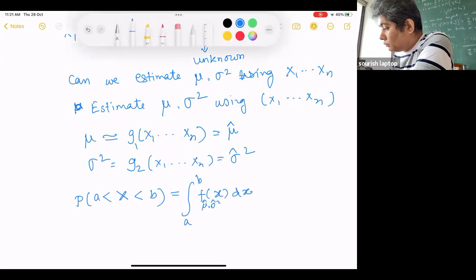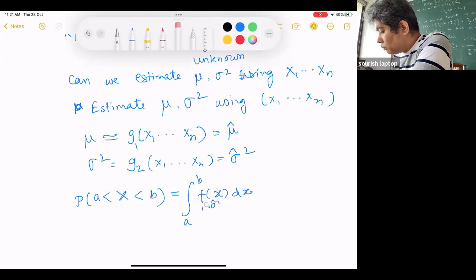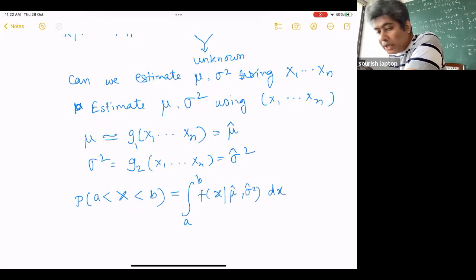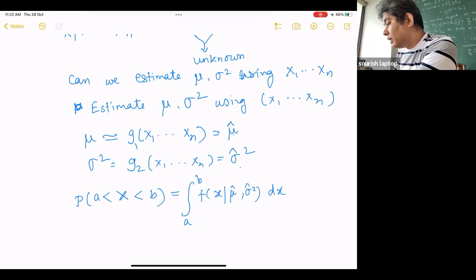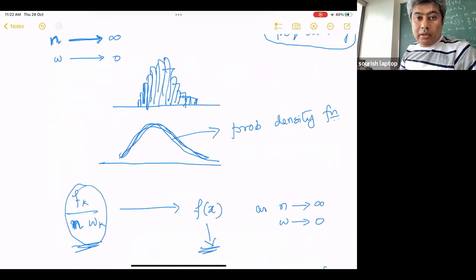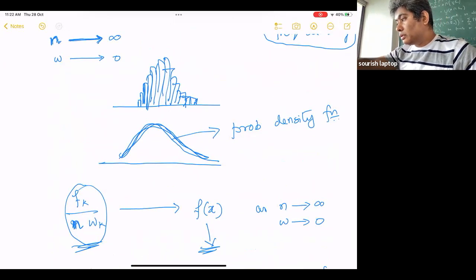A more proper way of writing this is f of x given mu hat and sigma hat square. So I will plug this mu hat and sigma hat square into the PDF, and then solve this integration problem. This is the connection between integration, probability and statistics.